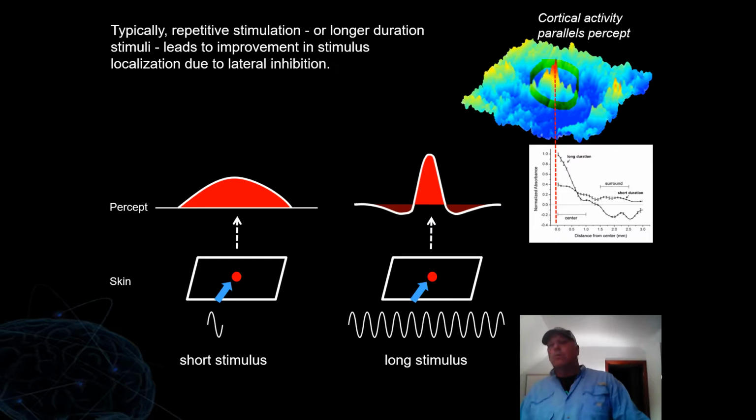And so basically, if you look at the graph below that, it's showing a difference between a short duration stimulus and a long duration stimulus. Now, when you do your cortical metrics test, when you use the Brain Gauge, you're basically not really aware of differences in short versus long stimuli.